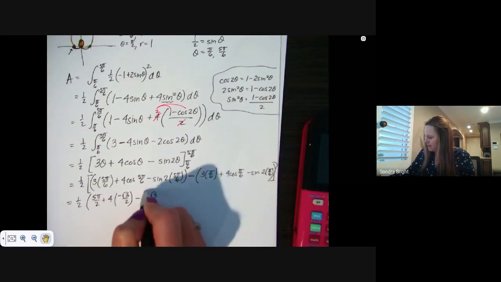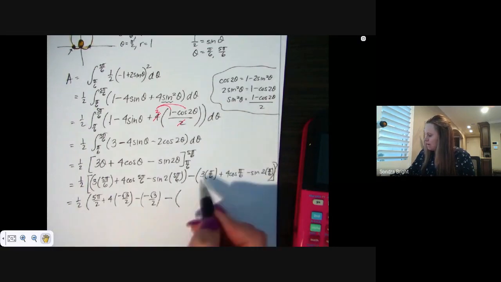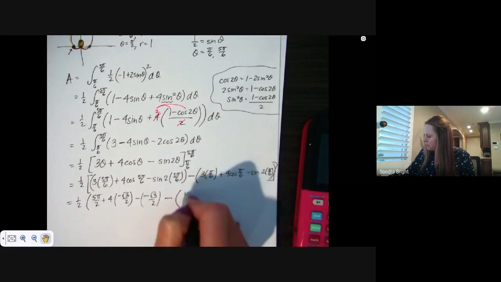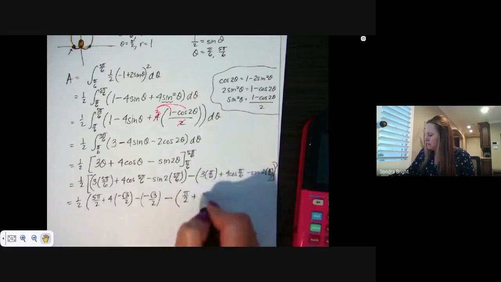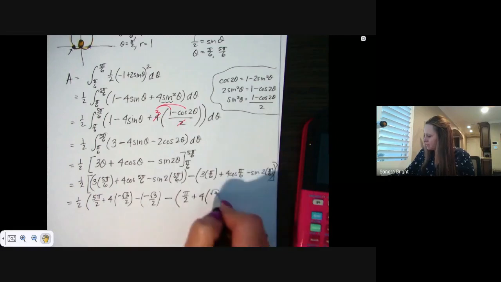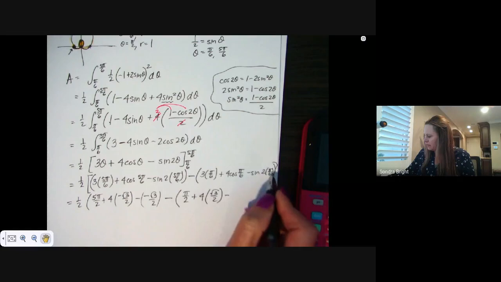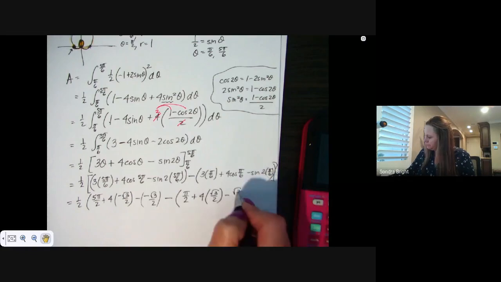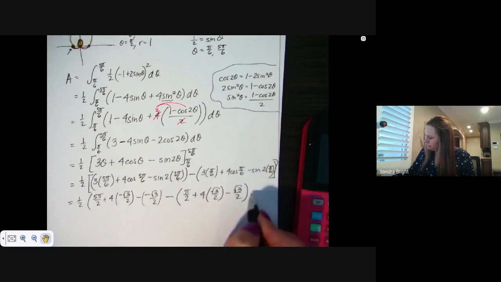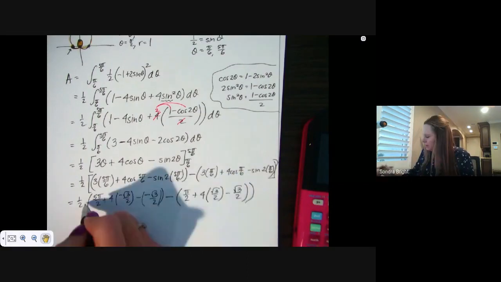Right, and then a minus, and then I'm going to go ahead and keep these parentheses for a minute. That would be a pi over 2 now, plus 4 times cosine of pi over 6 is rad 3 over 2, minus sine of pi over 3 is a rad 3 over 2. I don't know, I might have too many there, but whatever.